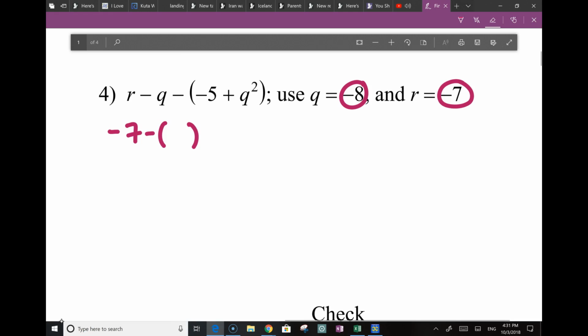Getting rid of all this, I get negative 8, minus, then I have negative 5, plus, and my value, my Q is a negative 8, so I'm going to put that in parentheses like this, and I'll put the power of 2 on the outside, and I'll wrap the whole thing up with another parentheses. And it's okay to do that. There's nothing wrong with putting double parentheses on things.